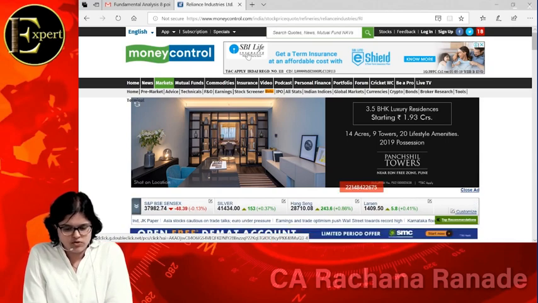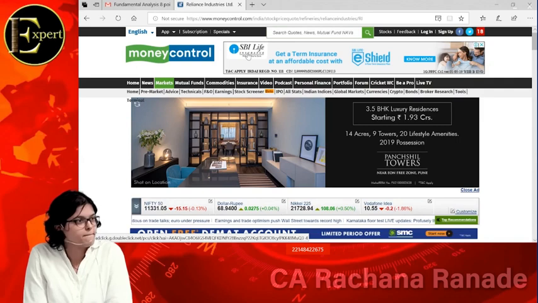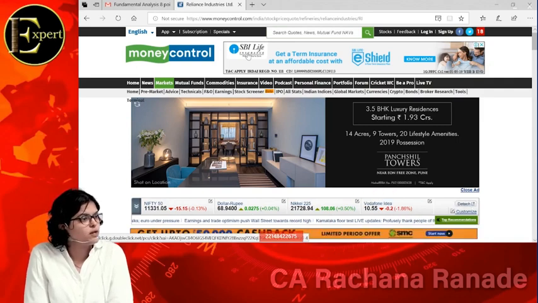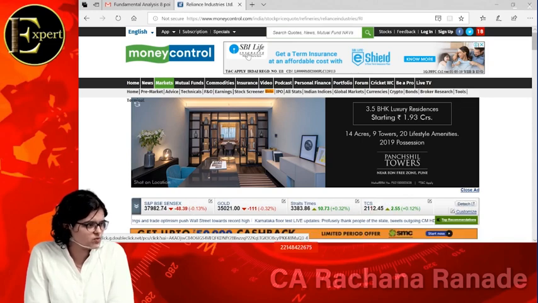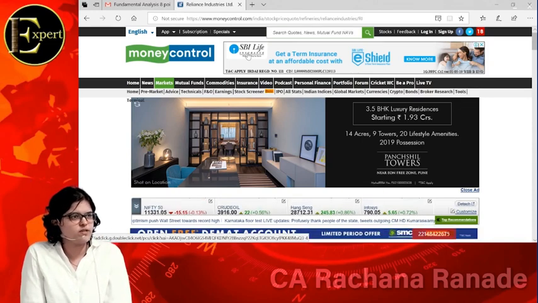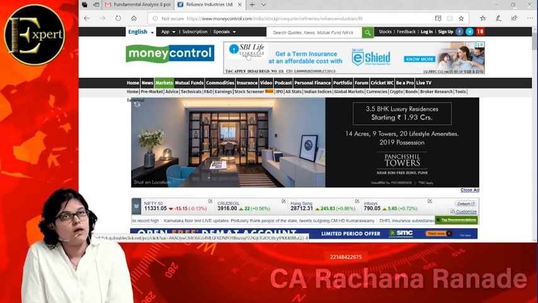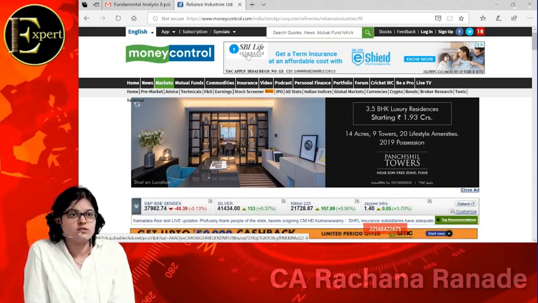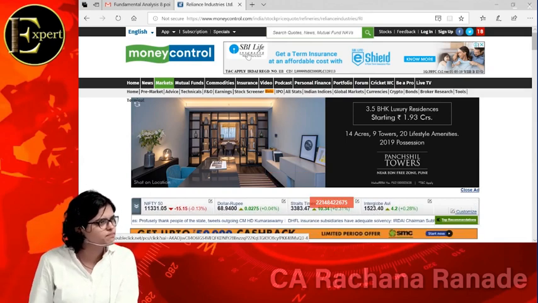Price to book value ratio. One important ratio related to BV is the price to BV ratio. Achha, if it is higher, what does it mean? The stock is costly. So higher is costly, lower is cheap.